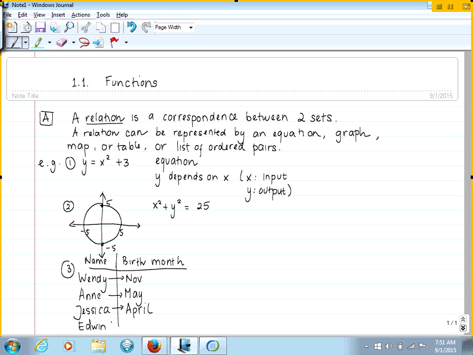You can write November again, or the other option is I write Edwin and point it to November also. From Edwin, I could point to November because I already wrote it down. And I could also list name and birth month as an ordered pair.